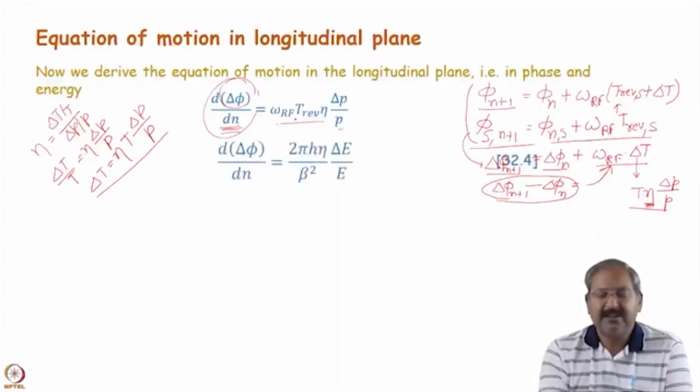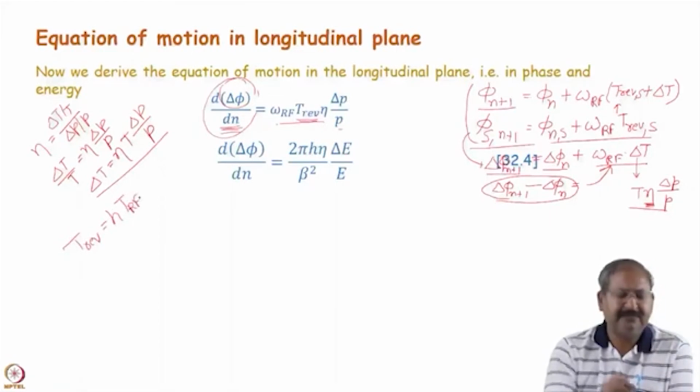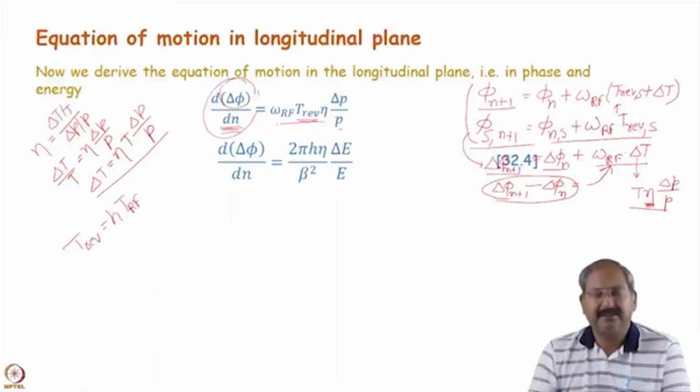Now omega and t revolution, we have seen that t revolution should be equal to h T RF. It should be an integer multiple, because t revolution here is for the synchronous particle.